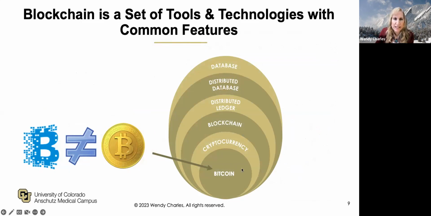Bitcoin is one type of cryptocurrency, and cryptocurrency is one type of blockchain, and blockchains are one type of distributed ledger. Ultimately, these are all forms of databases and management. The most accurate way to think about blockchain actually is that it's not any one thing, that it's a set of tools and technologies that happen to have some common features.